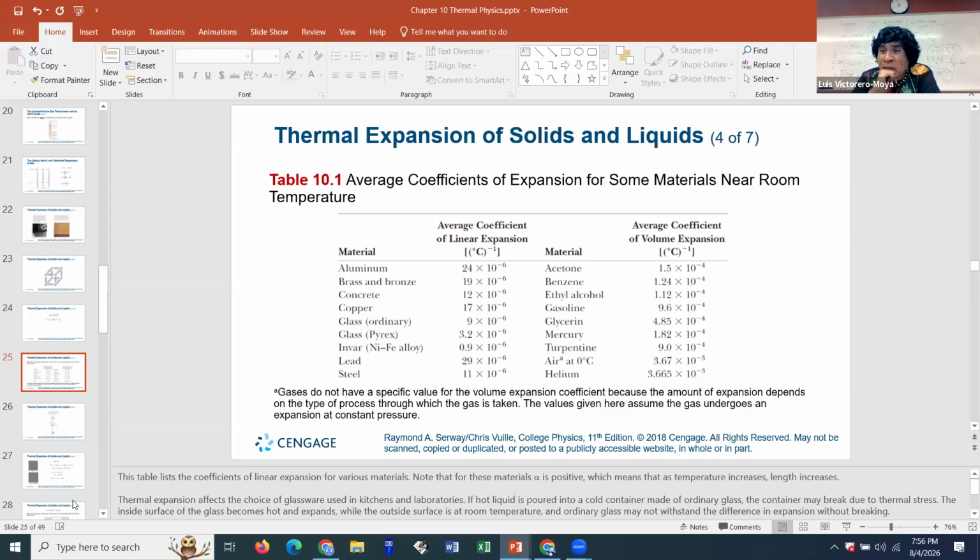Have you ever wondered why we use mercury and not alcohol? You know why? Look at the coefficient of expansion of these materials here, because these are solids, right? So all of them are very low, except these two. Well, ignore air and helium. These are gases, right?